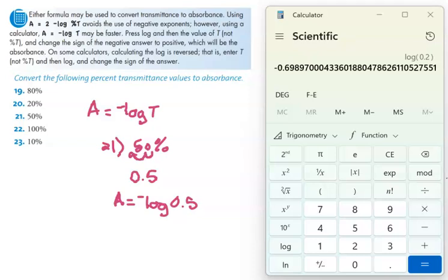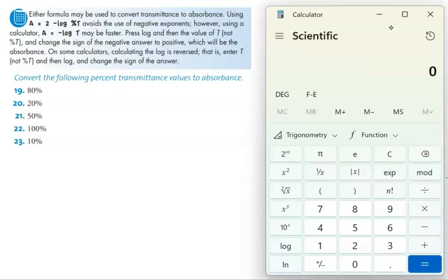Now we need to plug our formula into our calculator, and we have to clear our calculator out from the last problem. So our T is 0.5, and we hit the log key, and it gives us the answer of negative 0.301.